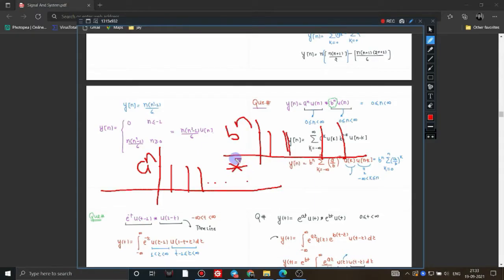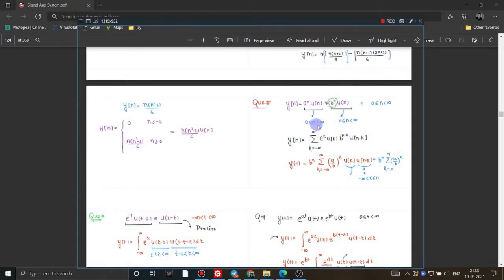We are taking the convolution of these two graphs, so the resultant range of this function is 0 to infinity.